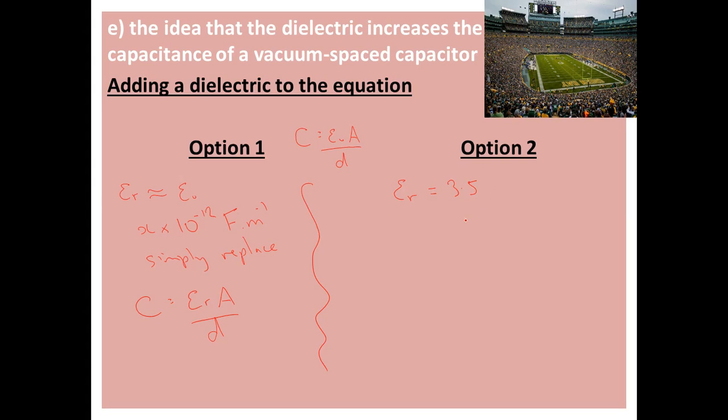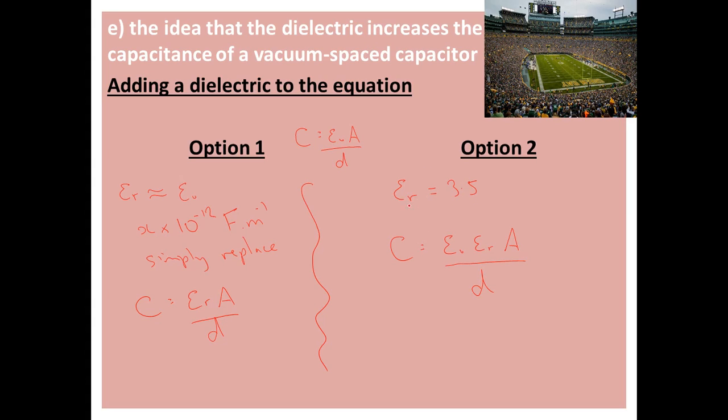Now, obviously 3.5 is a hell of a long way from 8.8 times 10 to the minus 12, our value for free space or a vacuum. And if that's the case, then you need to substitute this in next to epsilon 0. So it would become capacitance equals epsilon 0 multiplied by epsilon r multiplied by A, then divided by D.